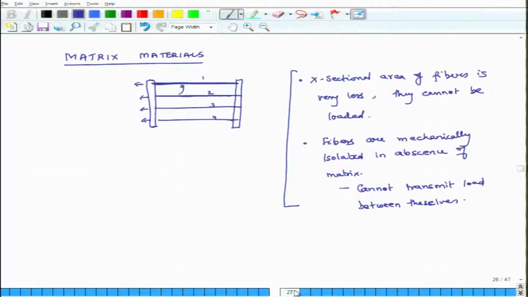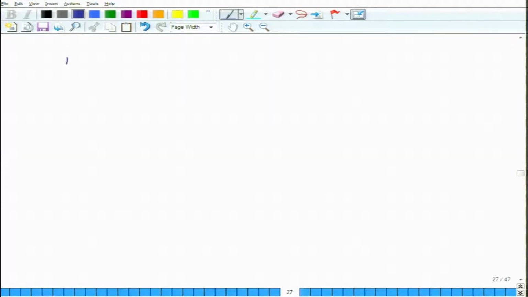So, let us see again what the important functions are, because once we understand this, then we can start figuring out which particular matrix will be good for us. So, this is important. Functions of matrix materials. First function, it binds the fibers together.